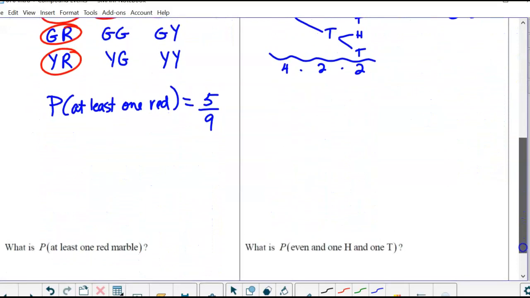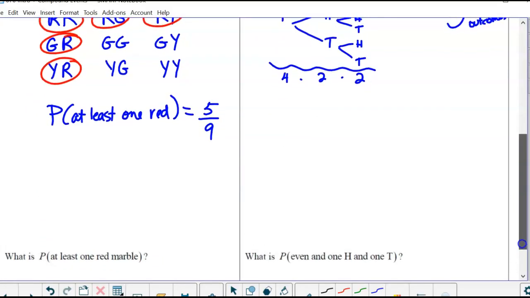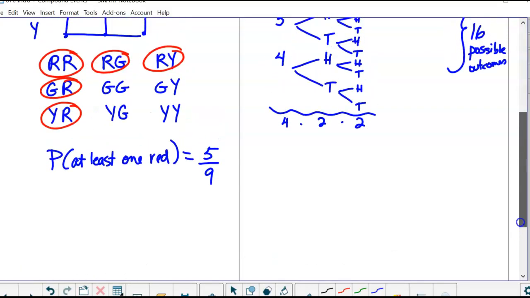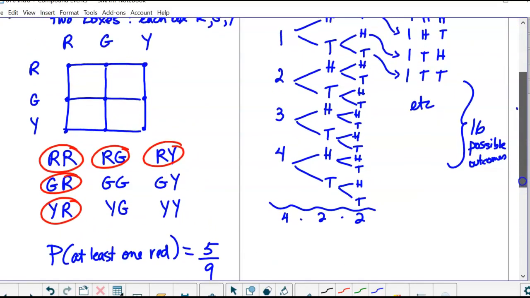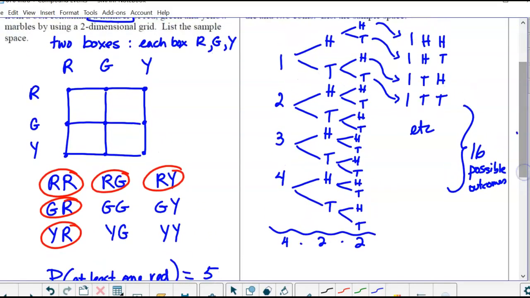What does it ask you? What is the probability that you roll an even number and 1 H and 1 T? With a tree diagram, you can actually circle them, right? So an even number and 1 H and 1 T. Those.